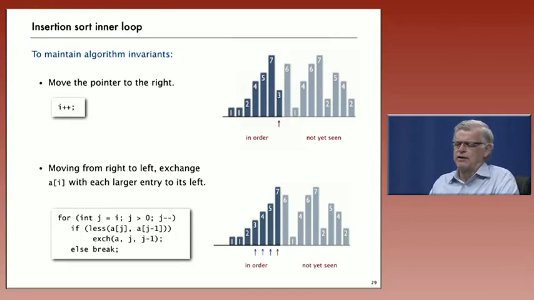It starts j at I and decrements j, exchanging a[j] with the element to its left, a[j-1], as long as a[j] is less than a[j-1] and j is bigger than 0.